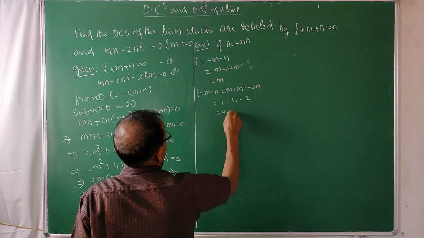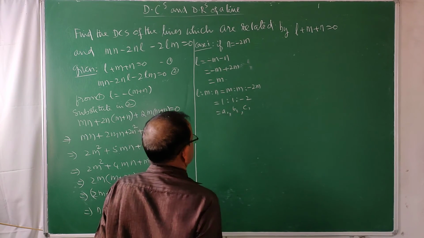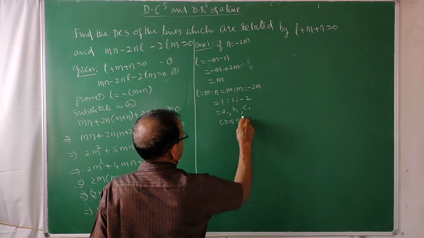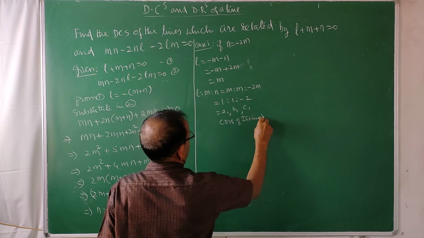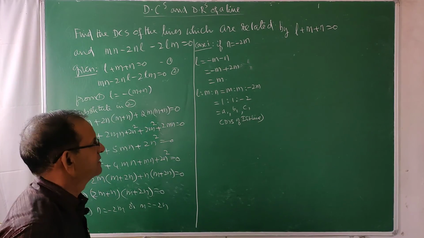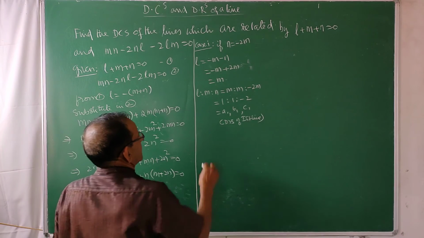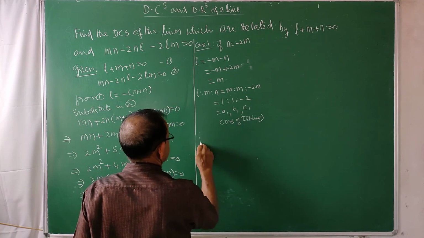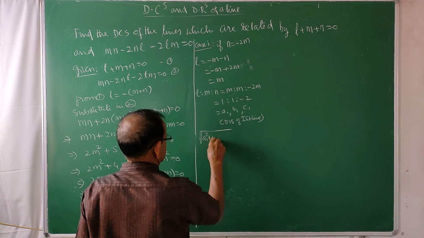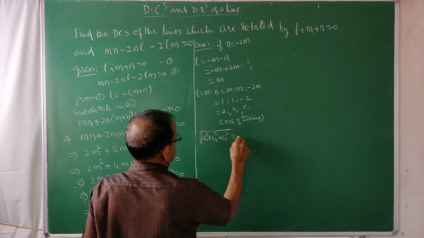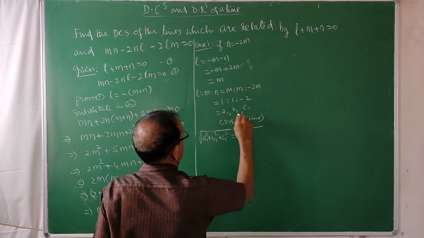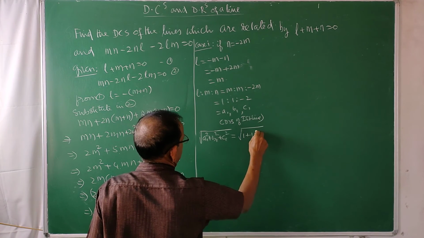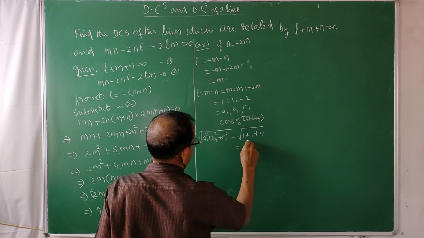These are A1, B1, C1, the DRs of the first line. Then what are the DCs? What is L1? The root of A1 square plus B1 square plus C1 square is equal to 1 square plus 1 square plus minus 2 whole square, that is root 6.